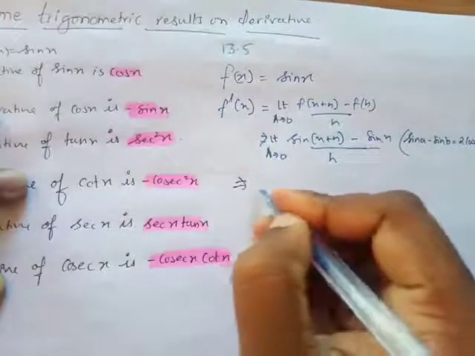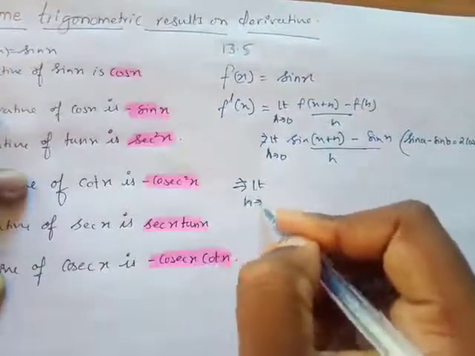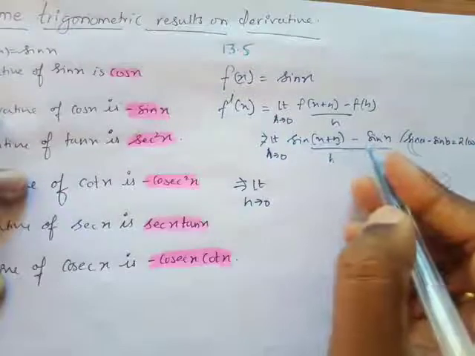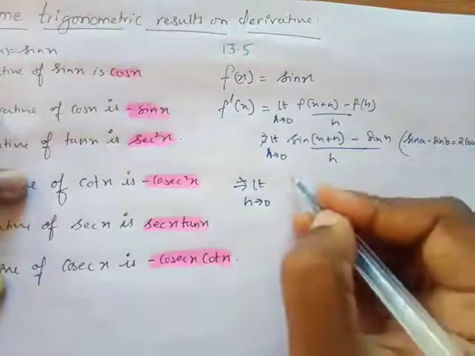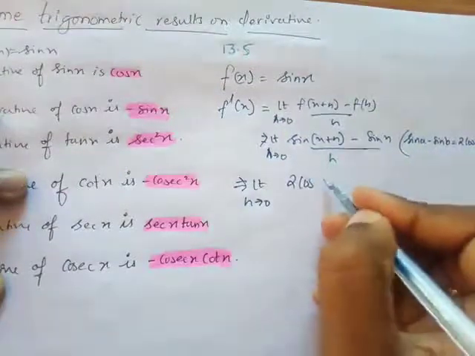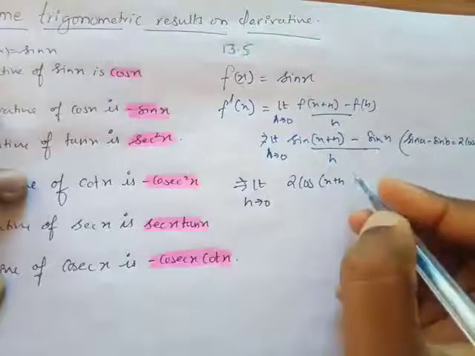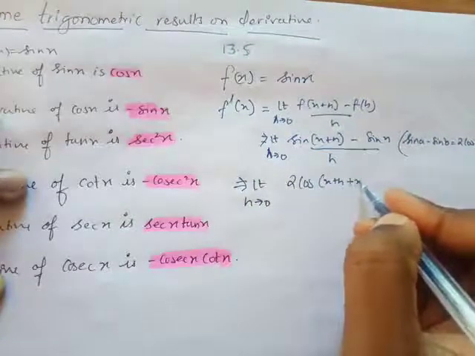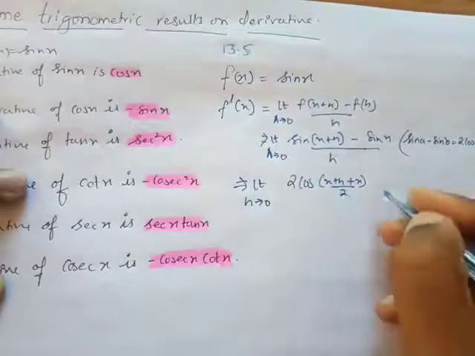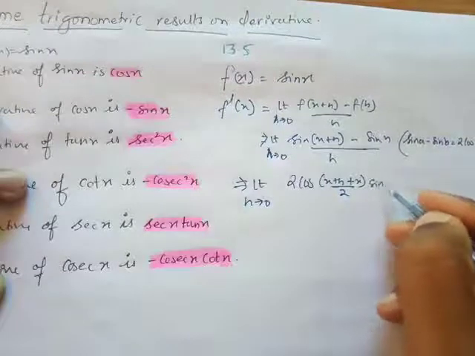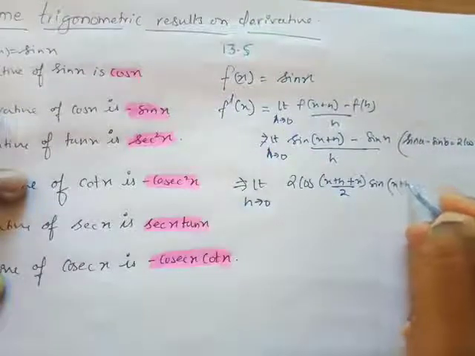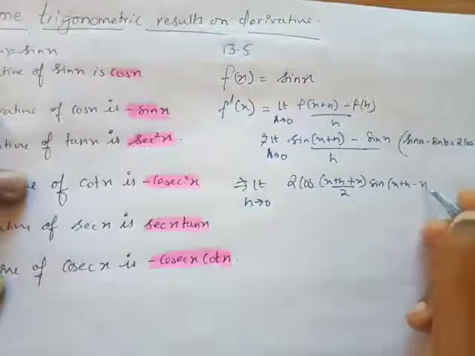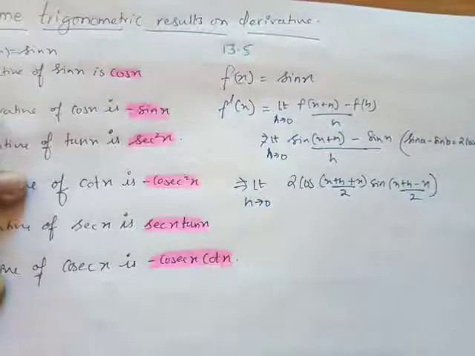Okay, so I'm going to put the formula now. Limit h tends to 0, sine A minus sine B, what do I write? 2 cos((A plus B) upon 2), and then multiplied by sine((x plus h minus x) upon 2).